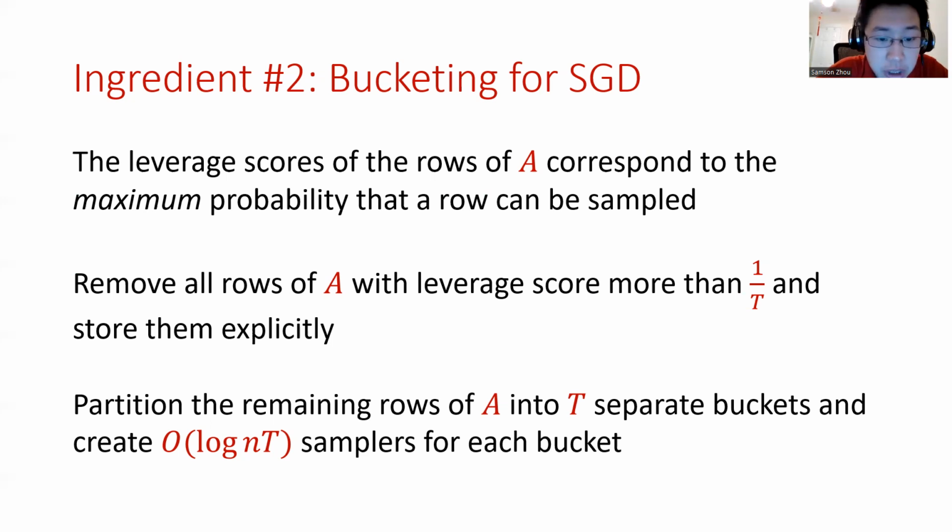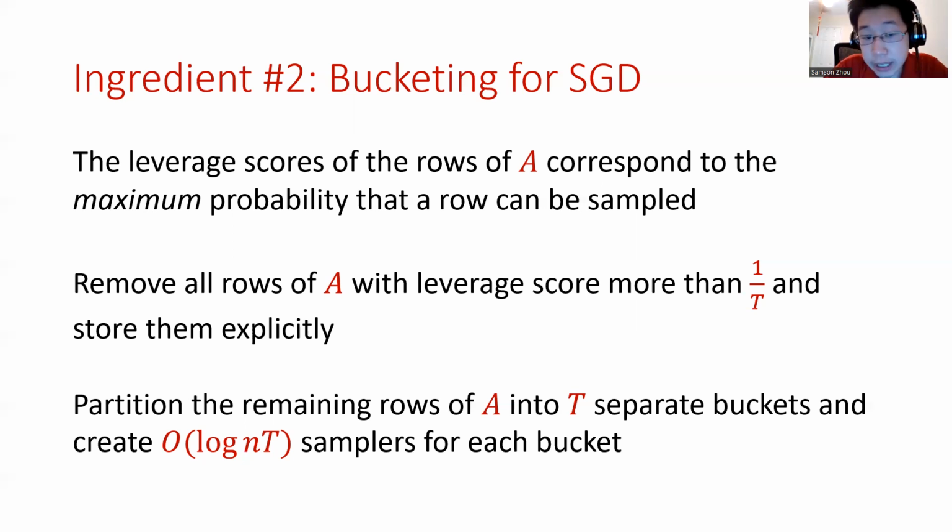So the point is that if we partition the remaining rows of A into t separate buckets, and then we create log n samplers for each bucket, then none of these buckets should be hit more than log n times, and so we should have enough samplers for each of these buckets.